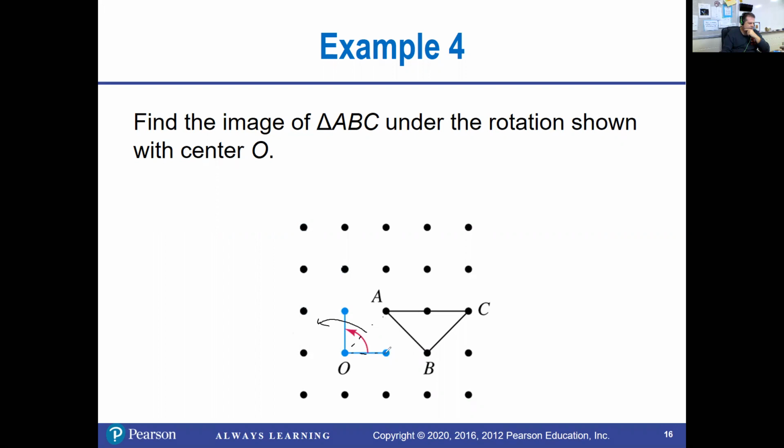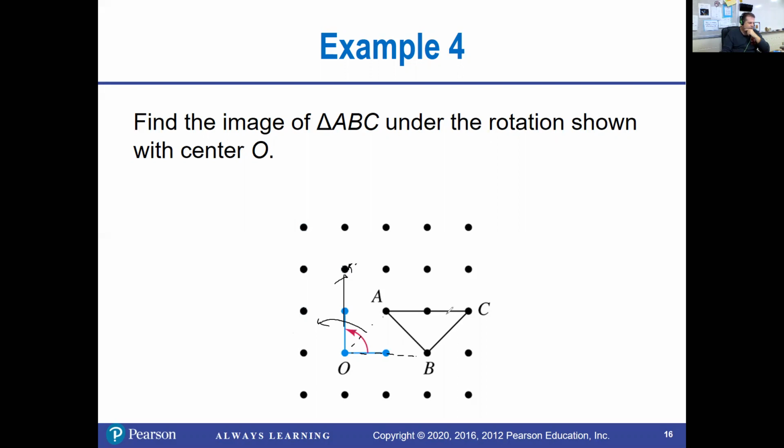This here will have to turn 90 degrees. Plus, if you take B and you notice if this is 2 away and I turn it 90 degrees, it's going to catch up to here. It's got to go 2 away. So which means B prime is going to be right here.